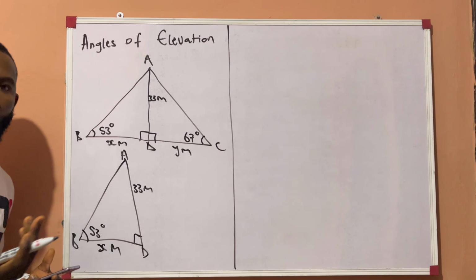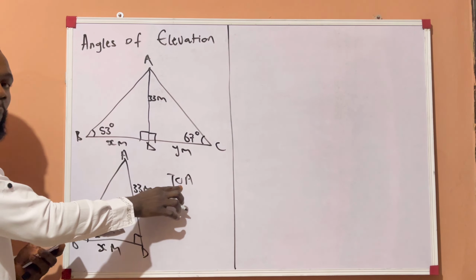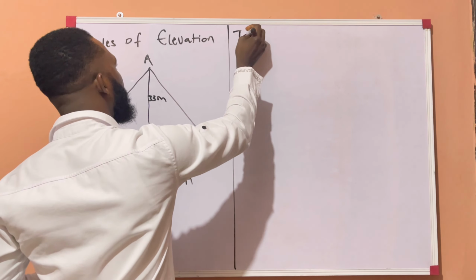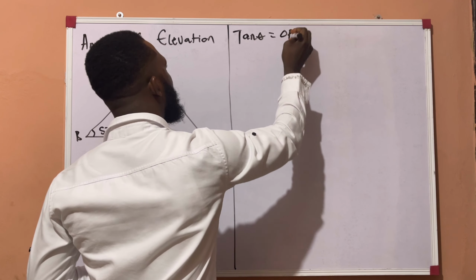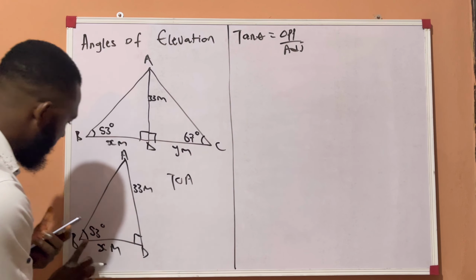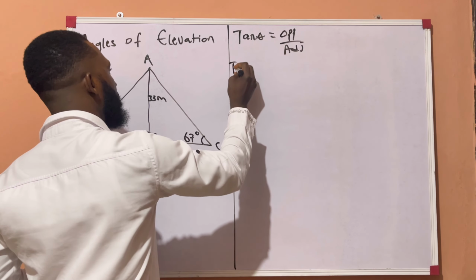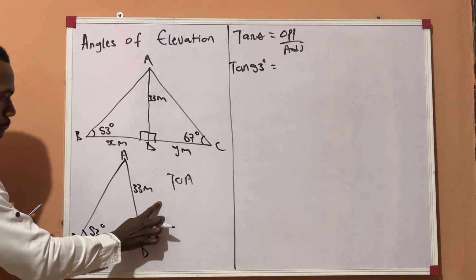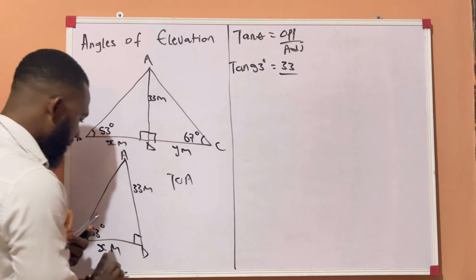So if we are using TOA, which means tan theta is equal to opposite over adjacent, this is what we're going to do. Now, what is theta? Theta is the angle of elevation, which is 53 degrees. So here we have tan 53 degrees is equal to, and the opposite now is the height, which is 33, over the adjacent, which is X.